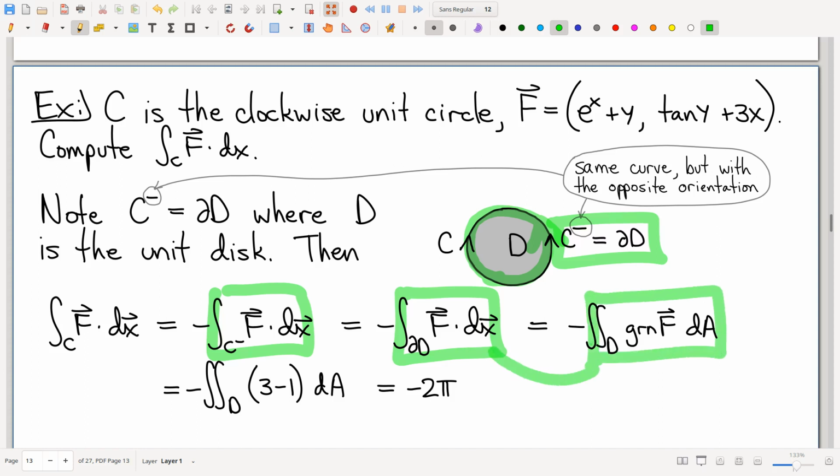Green's theorem tells me this. And don't forget to carry that minus sign through, of course. And now it's a double integral of Green's operator, and it's just a question of how you would compute a double integral of Green's operator. We've turned one question that was looking like it was going to be really hard into a different question. Now a double integral instead of a line integral.